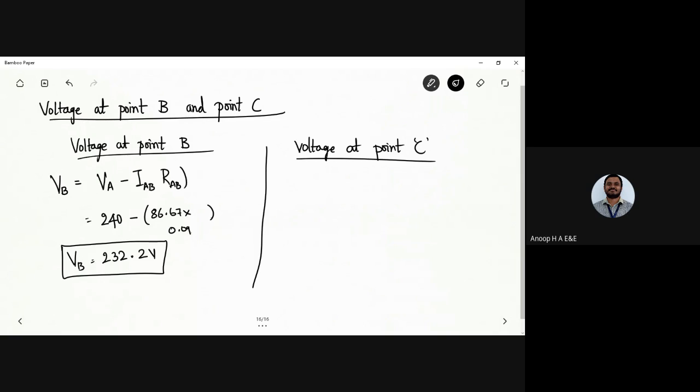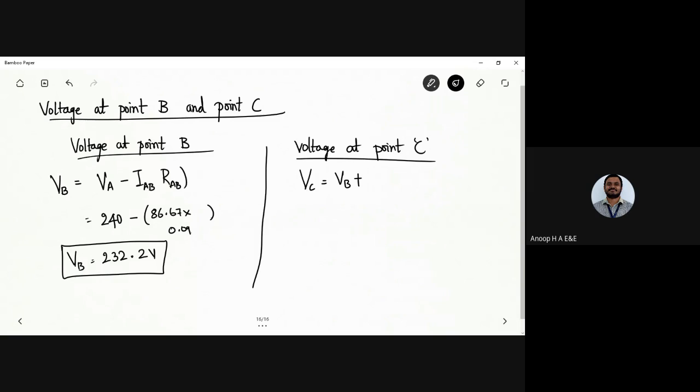Next part of the problem, the voltage at point C. What would be my approach? It would be the drops in the sections, taking VB into consideration. Why do we add?